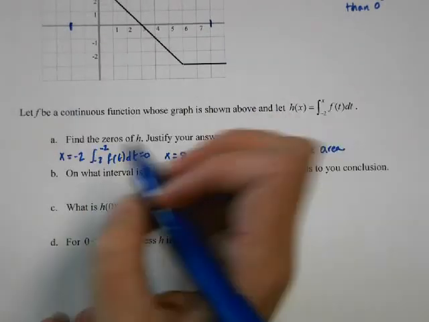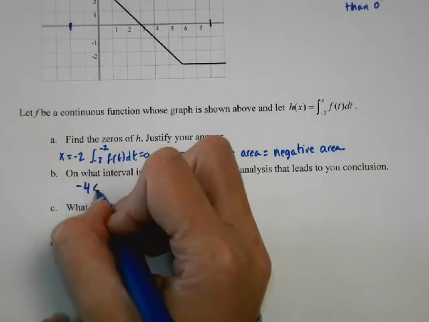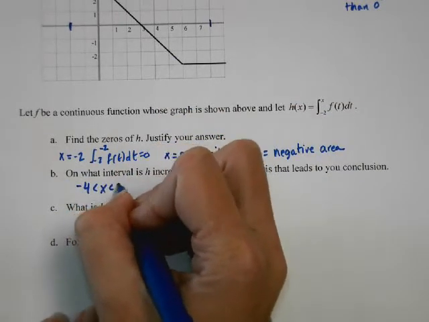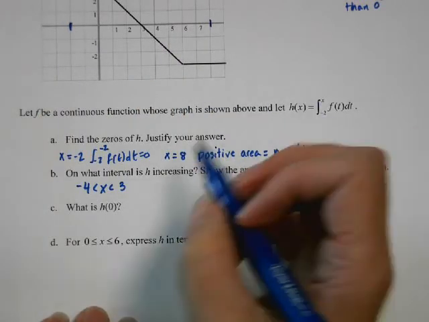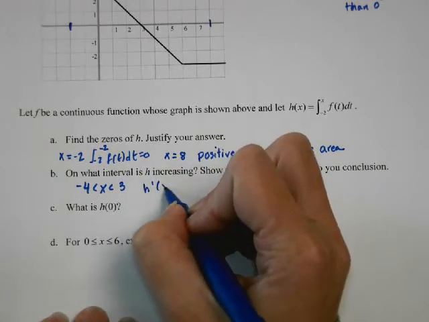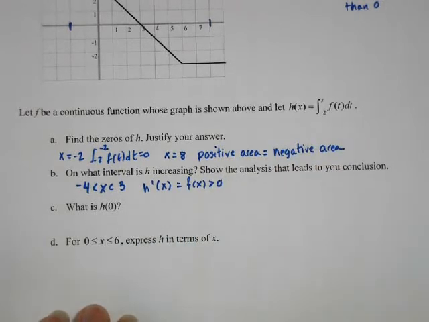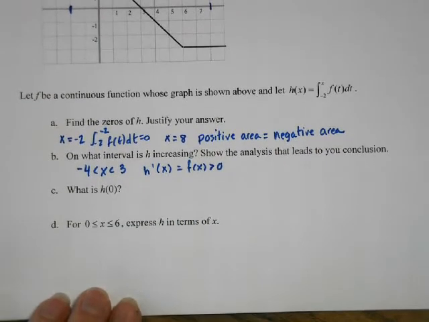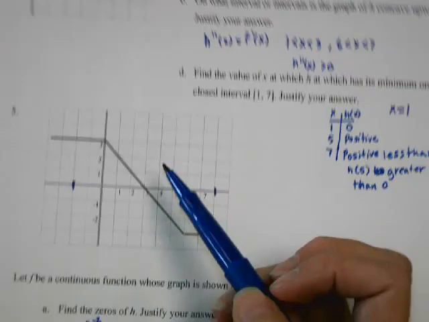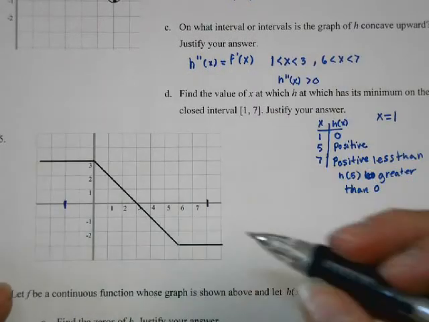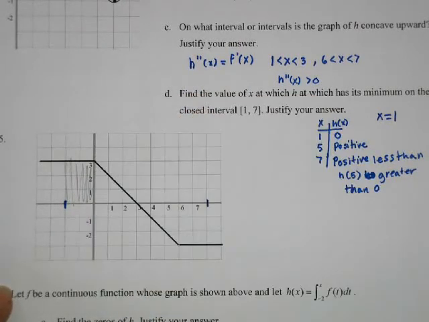For our graph here, we start at -4, or we could just say from when x is less than 3, because we're adding positive area, but more importantly, h prime of x, which equals f of x, is greater than 0. What is h of 0? h of 0 is going to be the integral from -2 to 0. So it's going to be that area there.